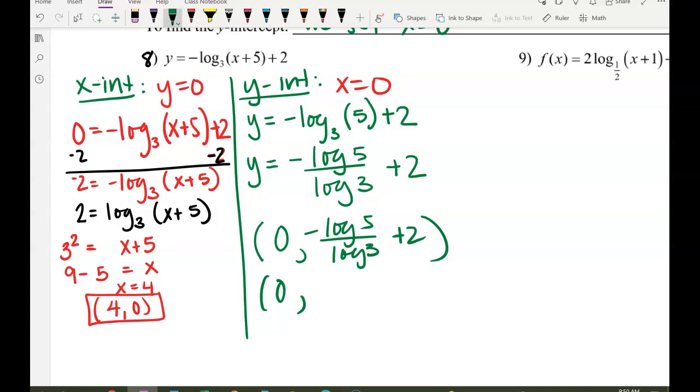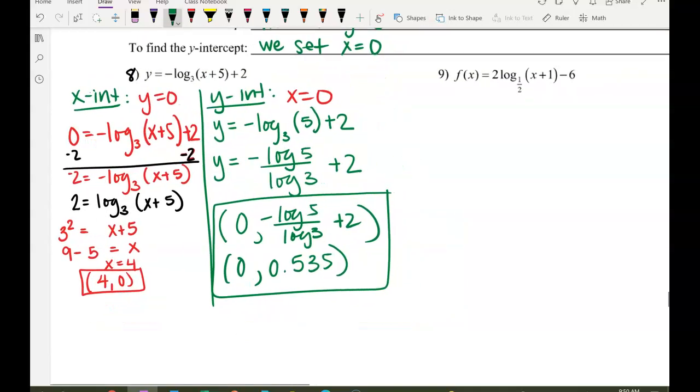Okay, what do you guys have? Okay, so let me double check you guys. Negative log base 3 of 5 plus 2. Okay, so 3 decimal places. So 0.535. Someone confirm? Yeah. Perfect. Box them both up.